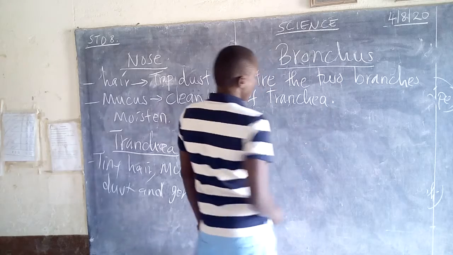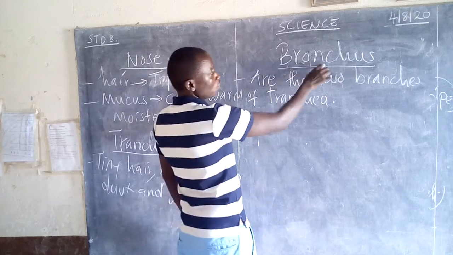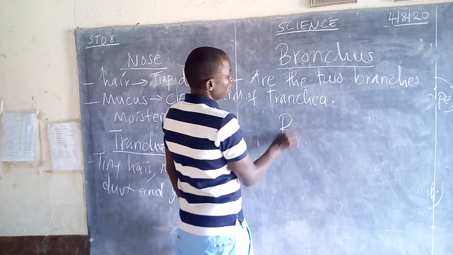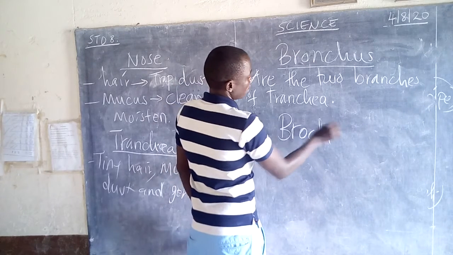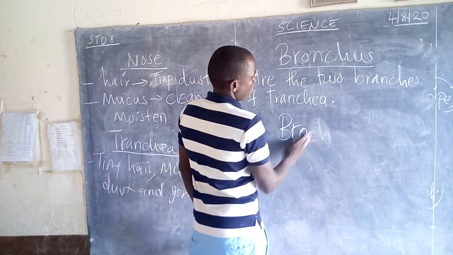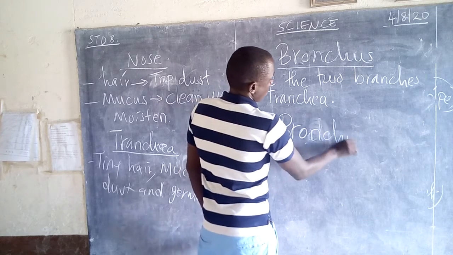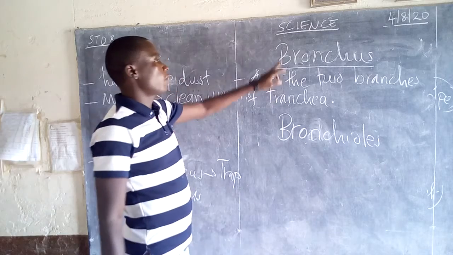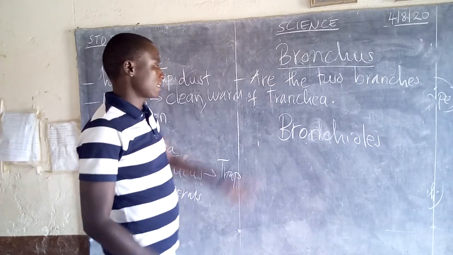The branches of bronchus give us another part which is called what? The bronchioles. Bronchioles are many branches of bronchus inside the lungs.